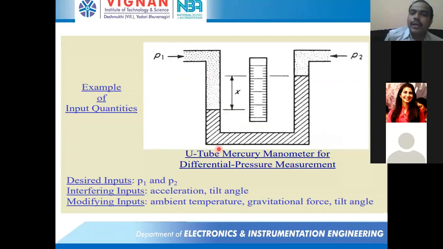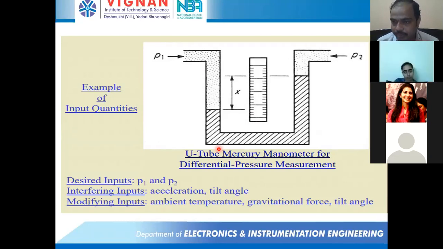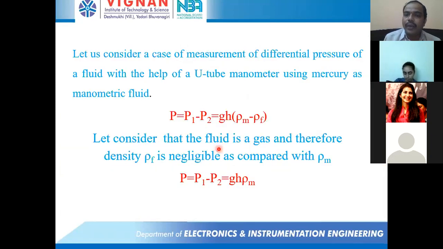Here assume that we are measuring the pressure applied to a gas. Generally the density of a gas is very, very much less compared to the density of any liquid. Am I right or not? Therefore, we can neglect rho F. Therefore, it gives P equals P1 minus P2 equals G H rho M.